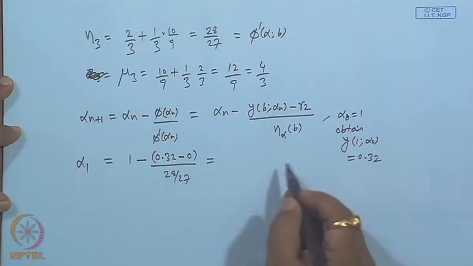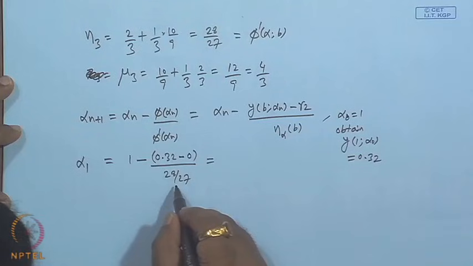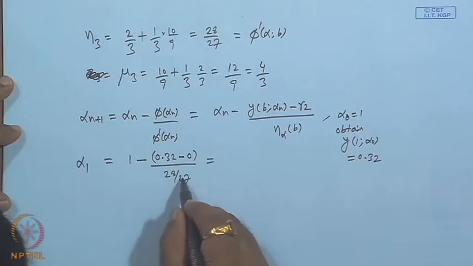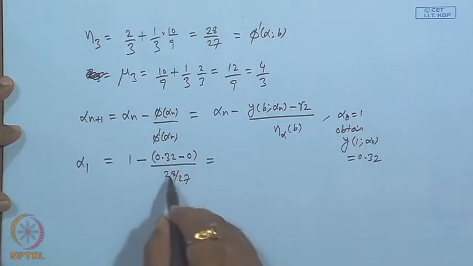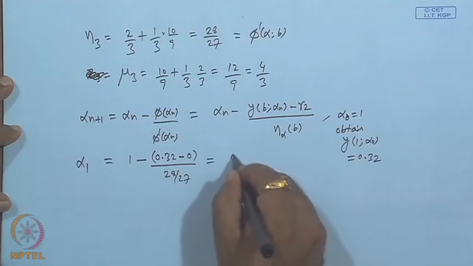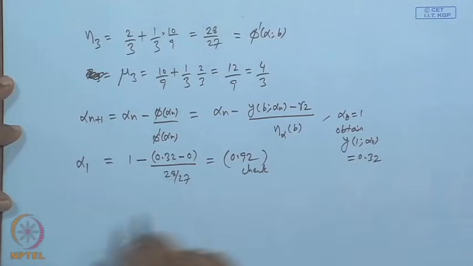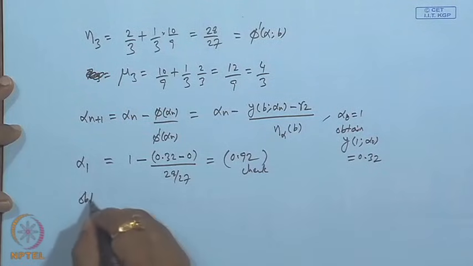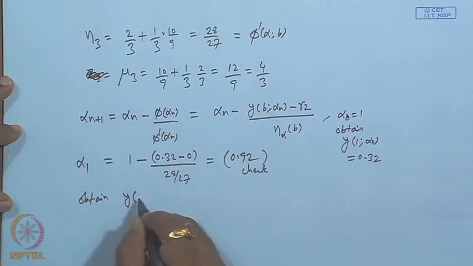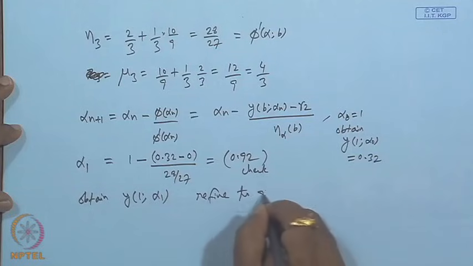Then again we have to obtain y at 1, so we get some value, let us say 0.92. Then obtain y at 1 using alpha 1, and again refine to get alpha 2.